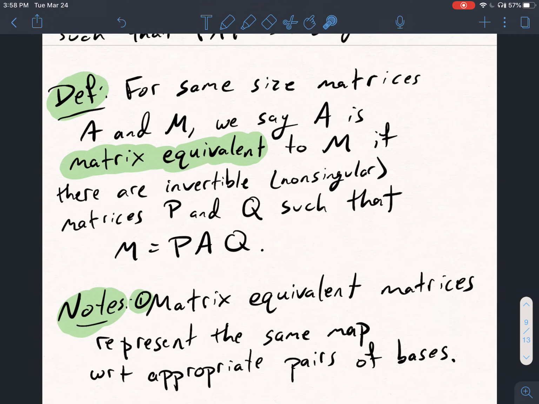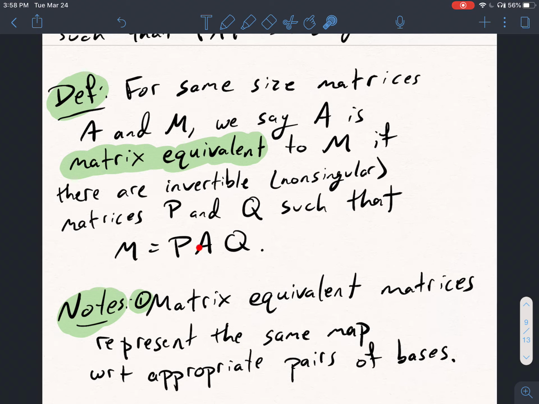So, some notes about this definition. Matrix equivalent matrices represent the same map with respect to appropriate pairs of bases. So if M is equal to P times A times Q, and A represents a map, then P and Q are invertible matrices, therefore they are change of basis matrices.